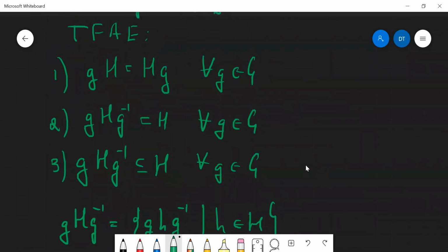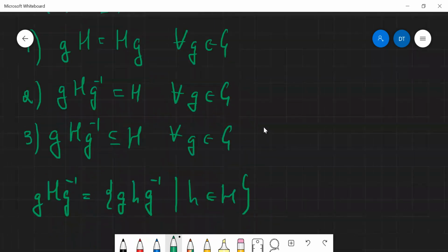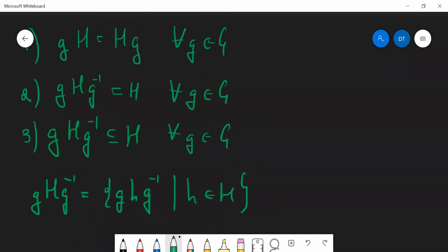Can I ask? What is the symbol in the second, this square subset equal or whatever this is? What does it mean? Okay, so let me explain.